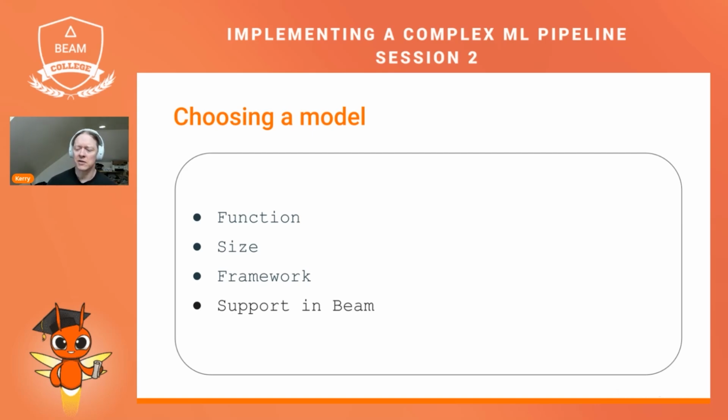The next consideration with models is the framework that the model is available in, for example, TensorFlow or PyTorch. Most models are available in more than one framework. You can get the weights and load the model or a pre-trained model into TensorFlow or PyTorch.